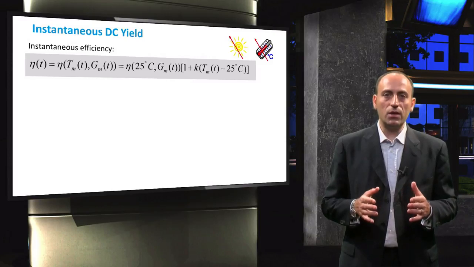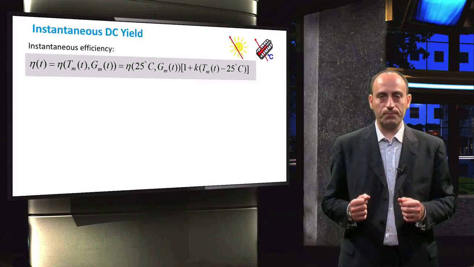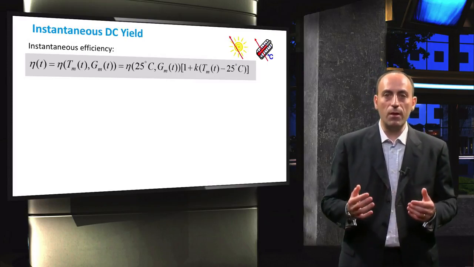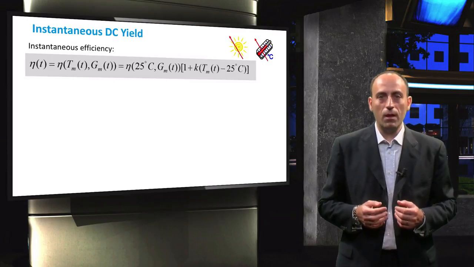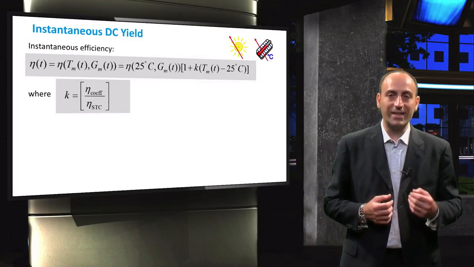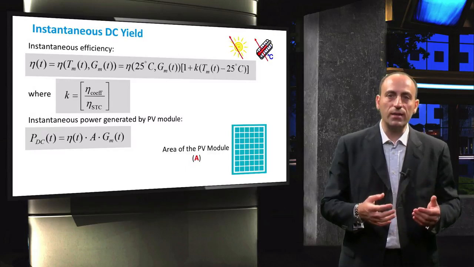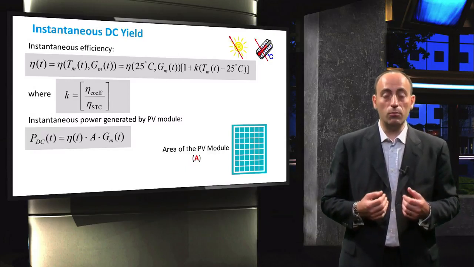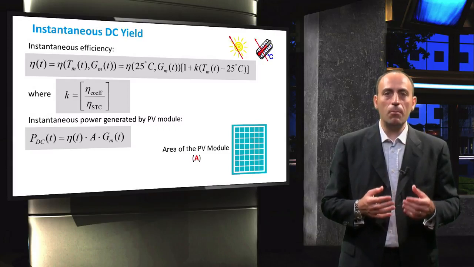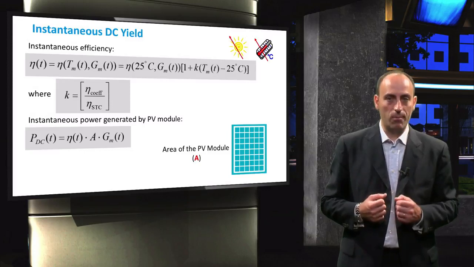To that end, we start with the calculation of the instantaneous efficiency using this equation. Such an equation takes into account the effects of both the irradiance and temperature of the PV module. The temperature coefficient of the PV module is represented by the constant K. With the instantaneous efficiency, we can then obtain the instantaneous power output of the module, PDC, by multiplying the efficiency by the module area and the corresponding instantaneous irradiance GM.